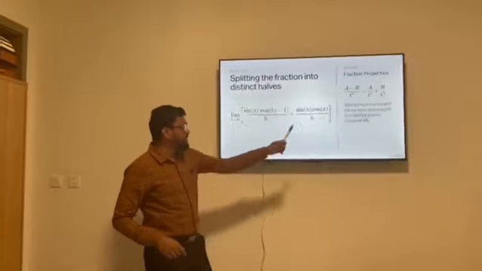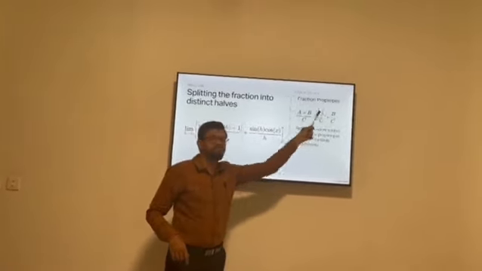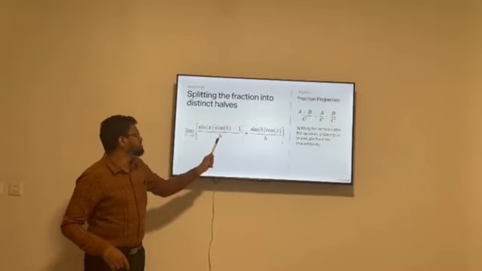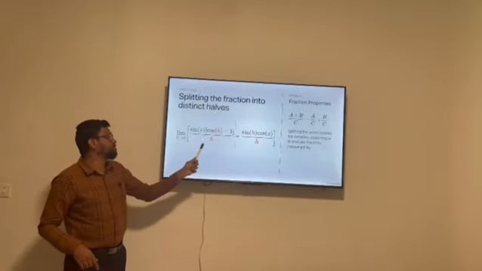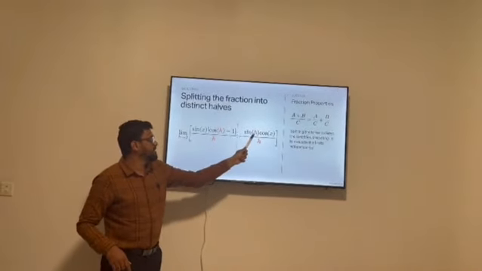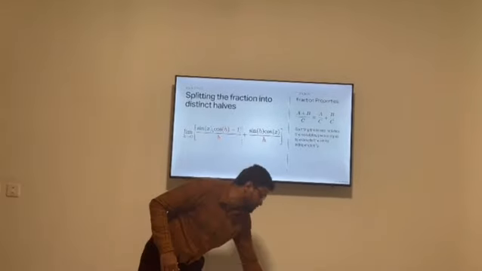Now we are using the fraction property, (a plus b) upon c is equal to a upon c plus b upon c. We are distributing the h over this. Sin x (cos h minus 1) upon h plus sin h cos x upon h. We have distributed h over both the terms.